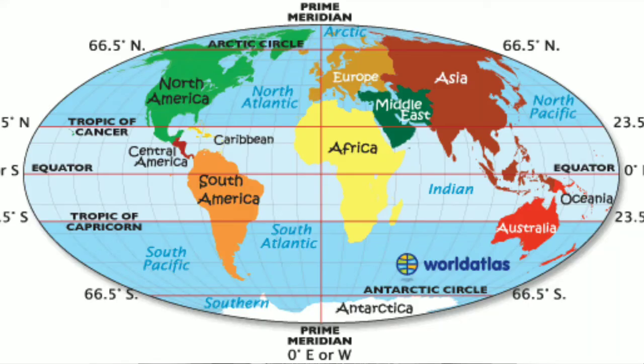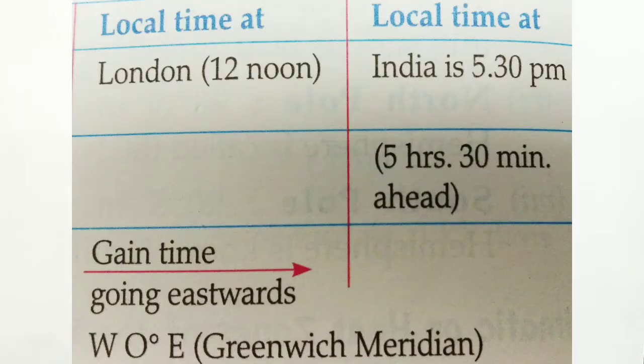So as the earth rotates, the distance of a place from the prime meridian, in degrees, leads to a change in time between countries. Example, as we know, the time in London is different from the time in India. At London, if the time is 12 noon, at that time India will be having 5:30 in the evening. It means the time in India is 5 hours 30 minutes ahead of the Greenwich Mean Time.